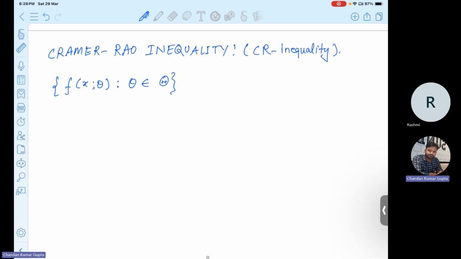This satisfies the following regularity conditions. There are some regularity conditions that this family must follow. The first: suppose S is the set where this member of the family f(x, theta) is non-zero, and is independent of theta.